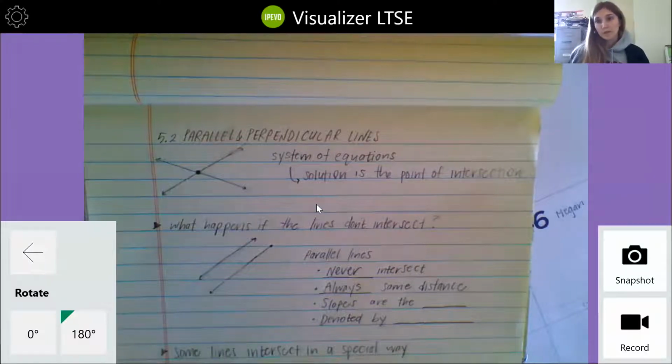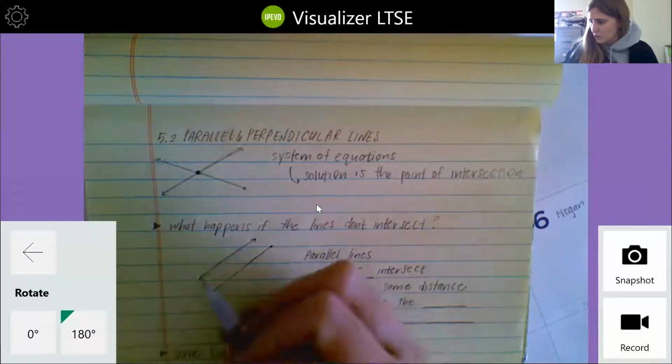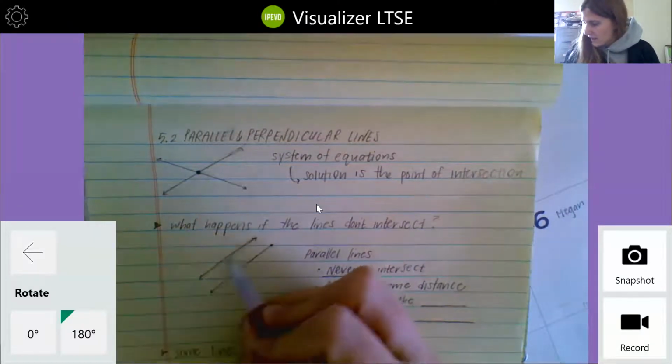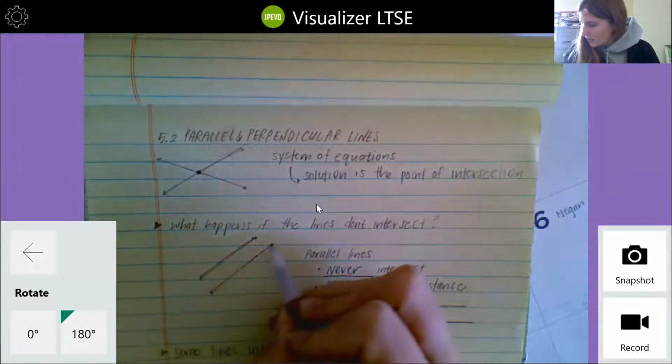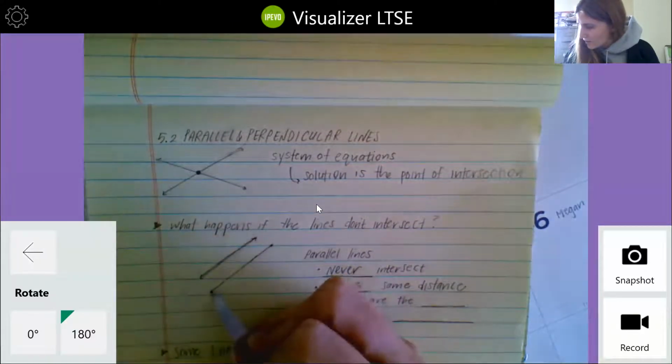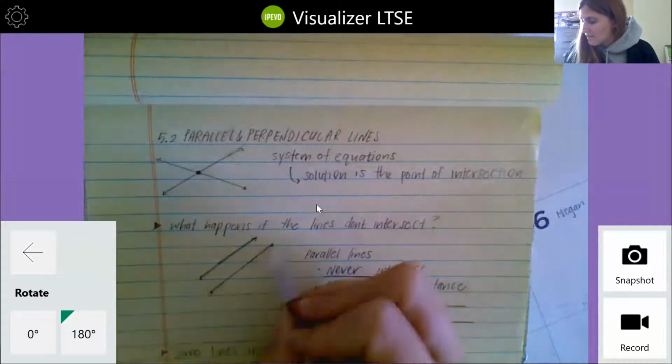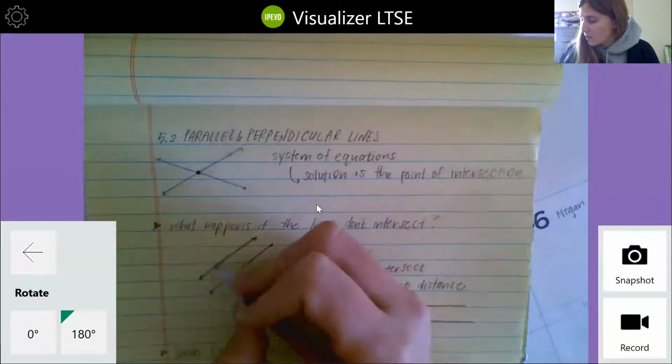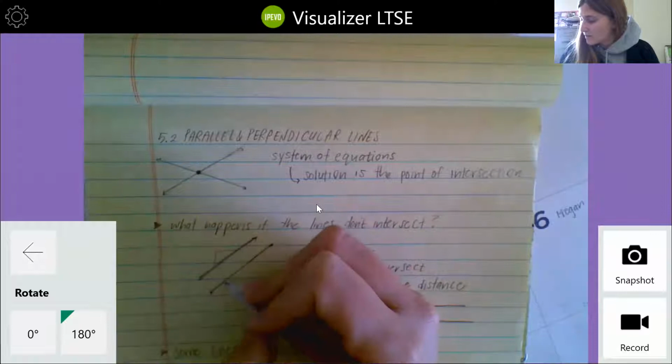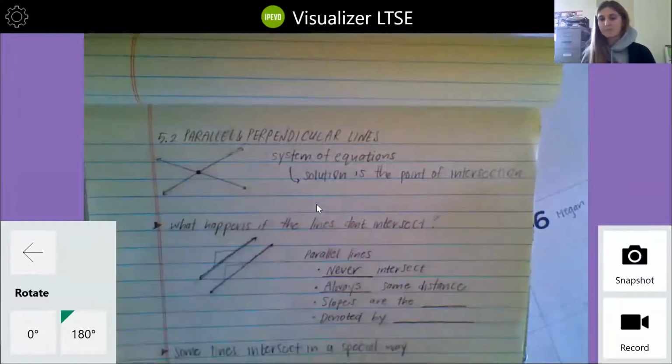So something else we've been talking a lot about is the slope of a line. So the slope of two parallel lines is going to be the same, which I think intuitively should make sense. If this line and this line are parallel to each other, it's pretty clear that they have the same slope, the same rise over run.